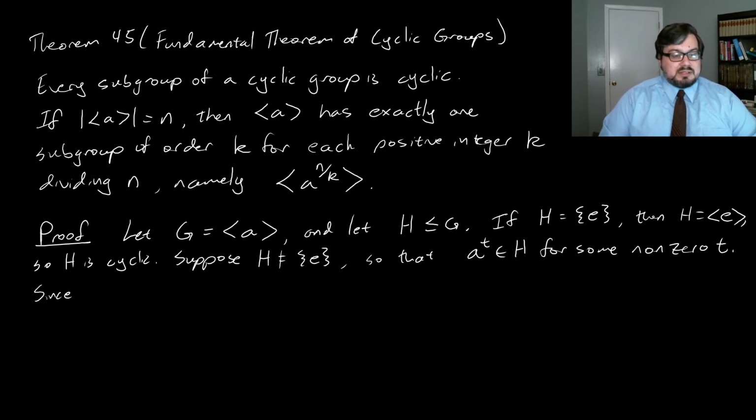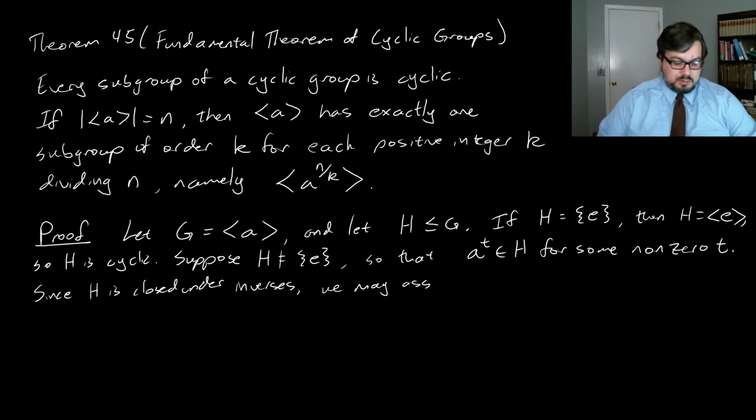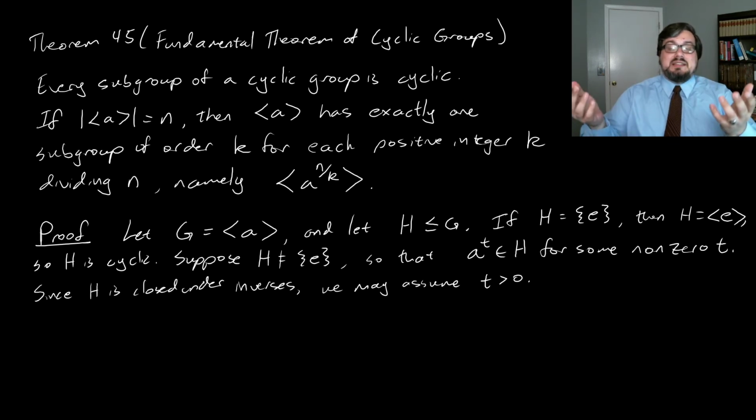Furthermore, since H is closed under inverses, we may assume that T is positive, because if it wasn't, then we just take the inverse of A to the T, and we get A to the minus T, which belongs to H, and minus T would be positive in that case.